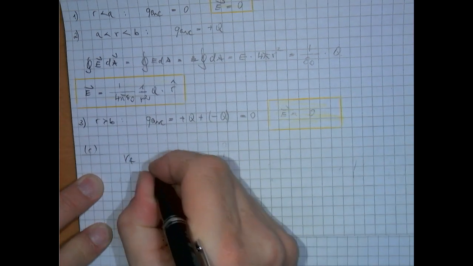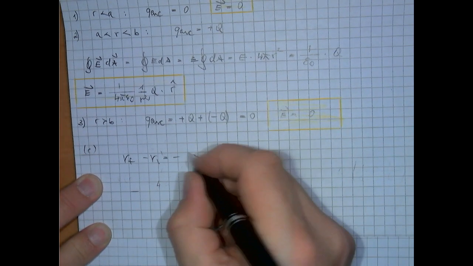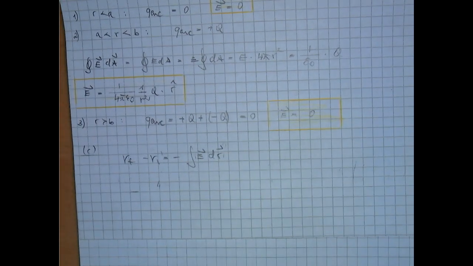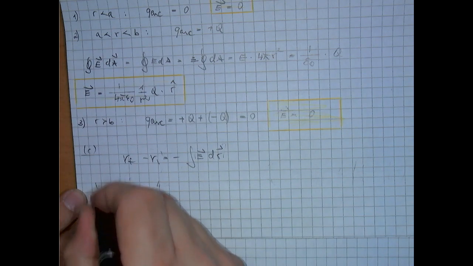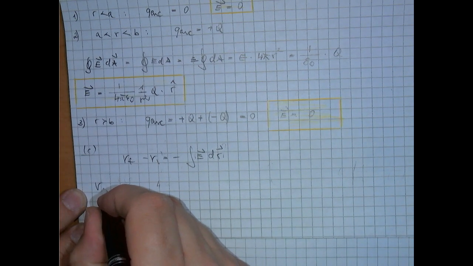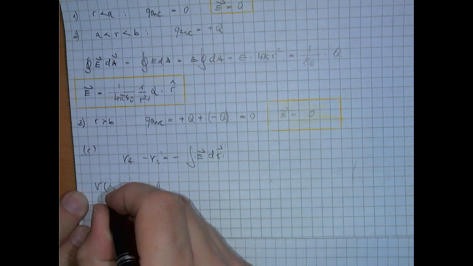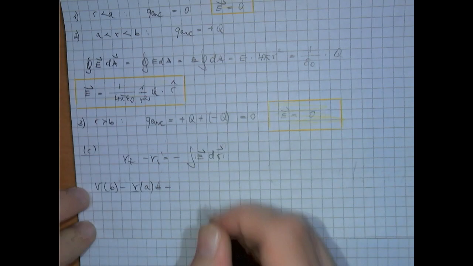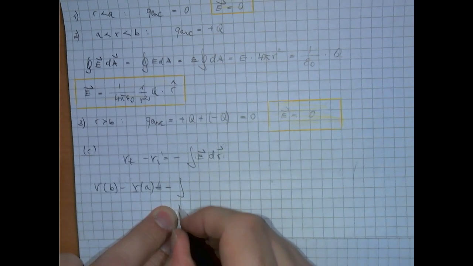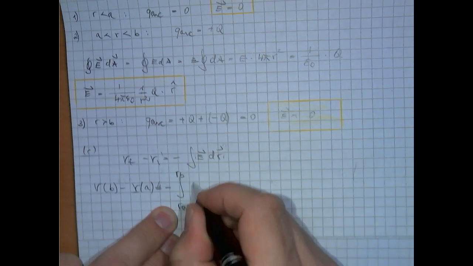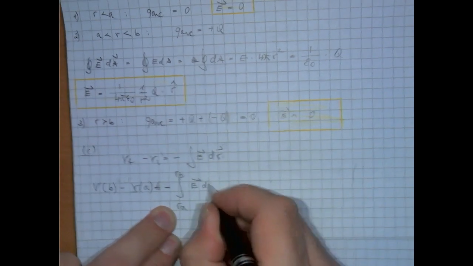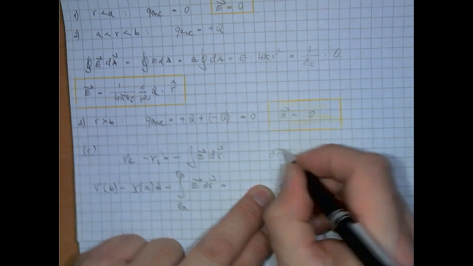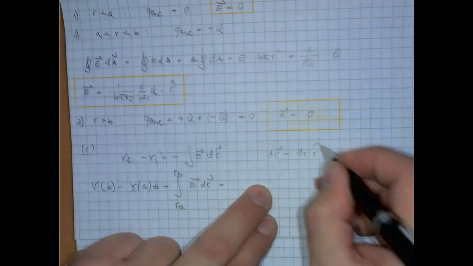So V final minus V initial equals minus the integral of the electric field E dr. So V_B minus V_A equals minus the integral from r_A to r_B of E dr. E is given up here, and dr equals dr r hat.